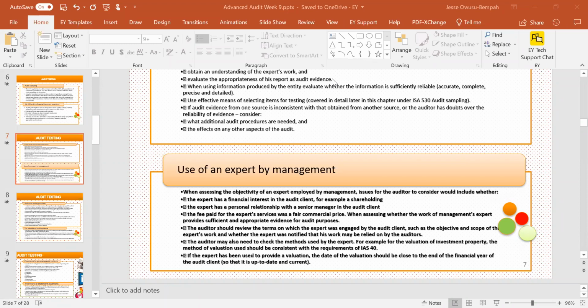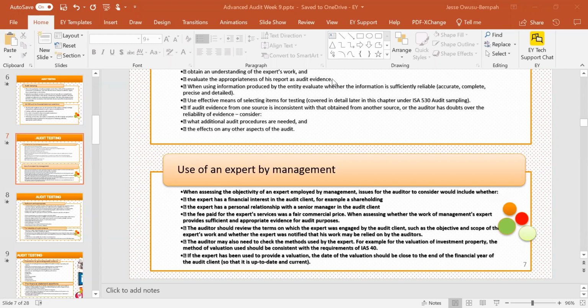Also, whether the expert has a personal relationship with a senior manager in the audit client. Number three, whether the fee paid for the expert's services was a fair commercial price. We want to know that the fee paid was actually a fair commercial price, because we don't want a situation where the expert was bought to come and give an opinion.